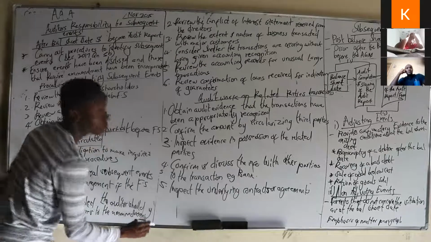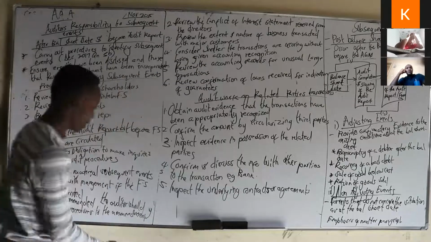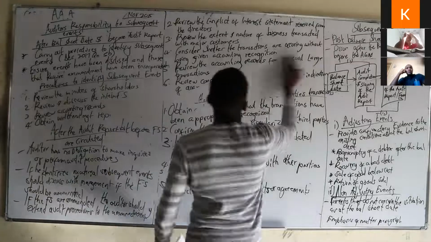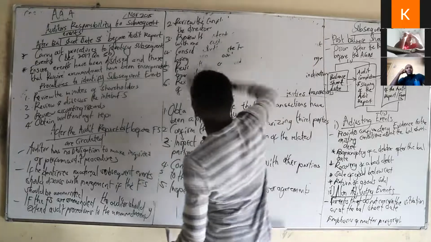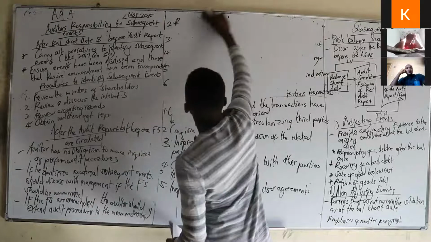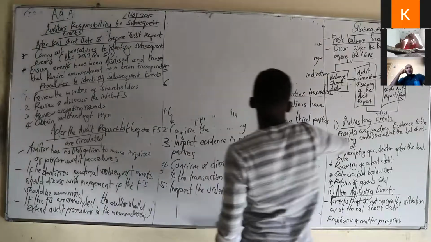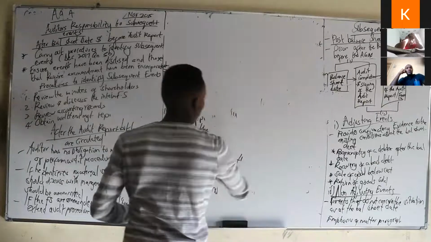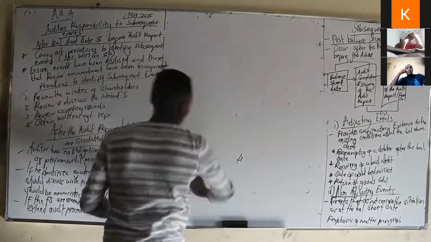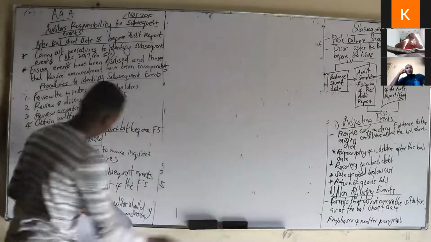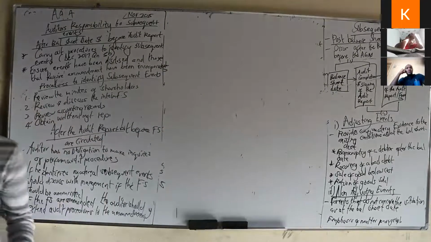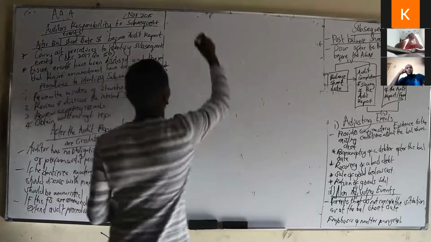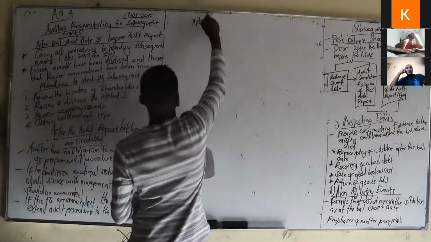What that means is that for the amendment that has been made, the auditor is to carry out further procedures to verify that it is a valid amendment and that it incorporates all items identified as subsequent events. And then thirdly would be the responsibility of the auditor after the financial statements have been signed.